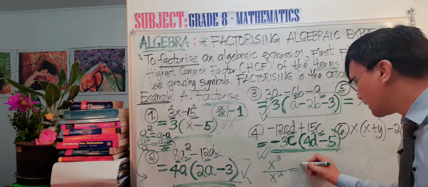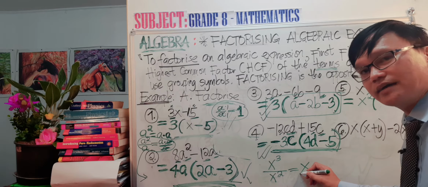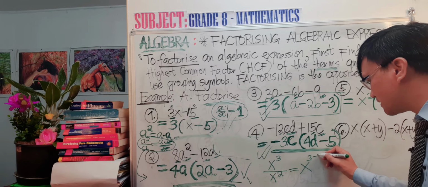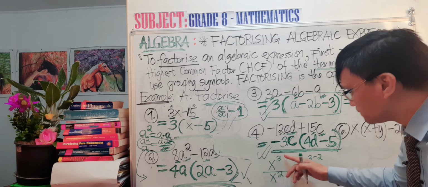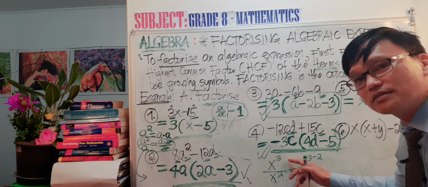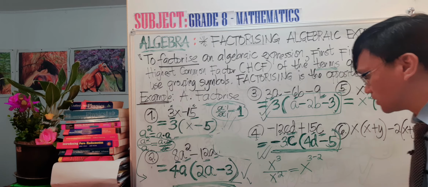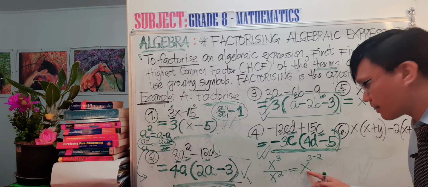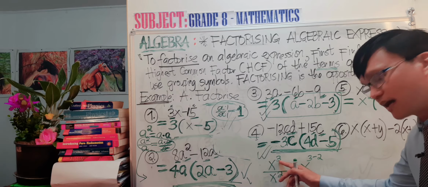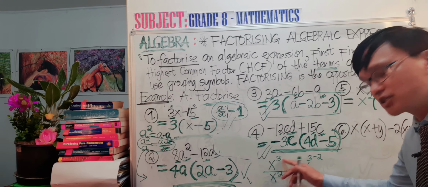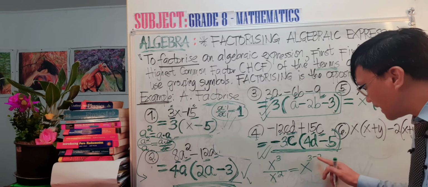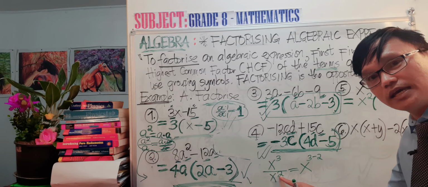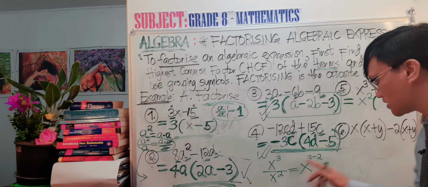So that means the common base is x, and this one is 3 minus 2. Now take note, you do not interchange it. This is the common problem with the student. The one on top is the numerator, and when you rewrite it over here, the exponent in the numerator expression must be written first, and then a minus sign follows with the exponent of the denominator expression, which is 2.